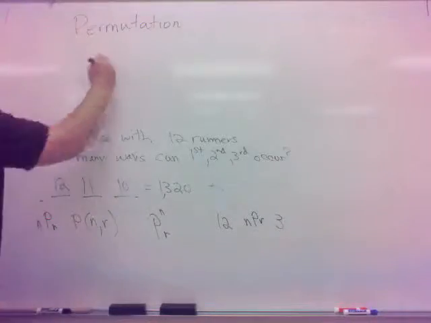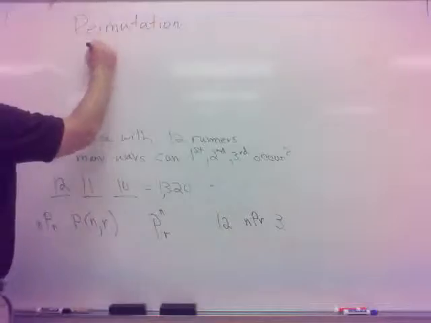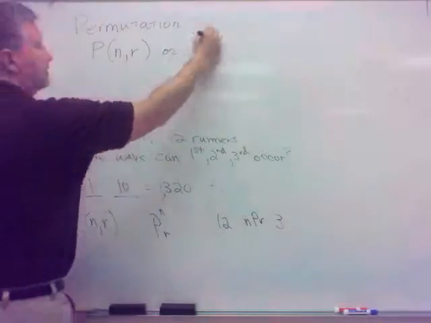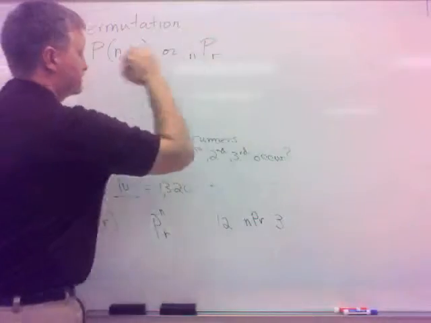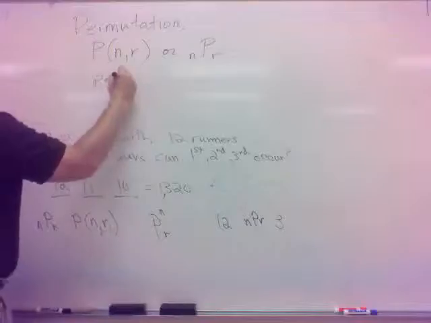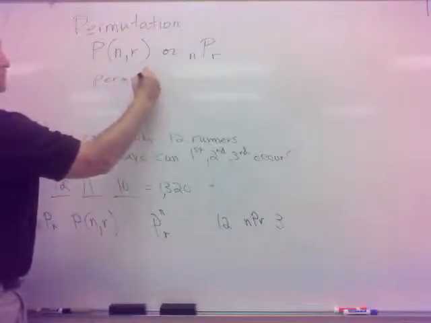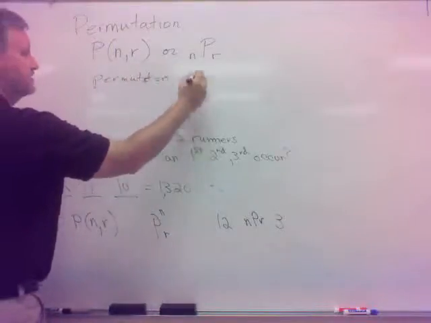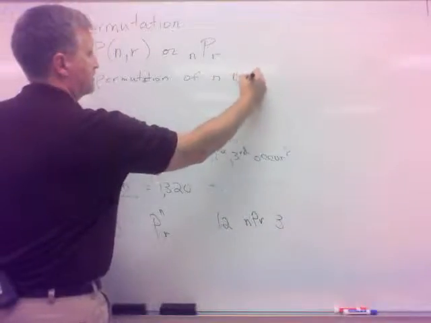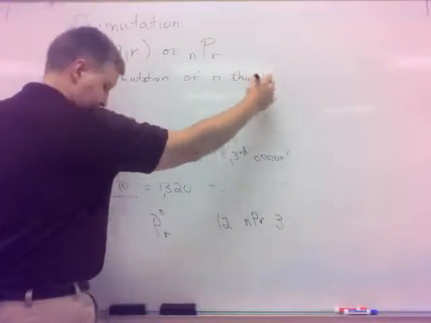So nPr, as most calculators show it these days, means a permutation of n things taken r at a time.